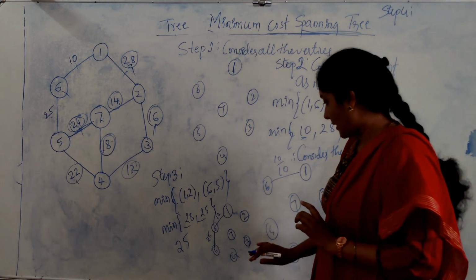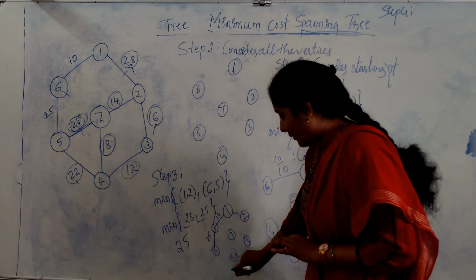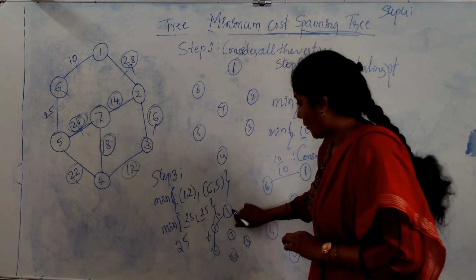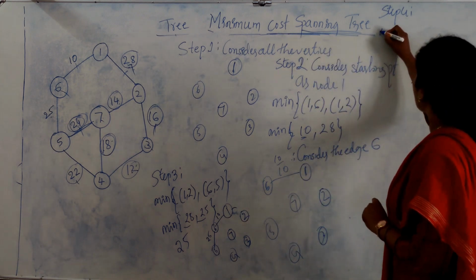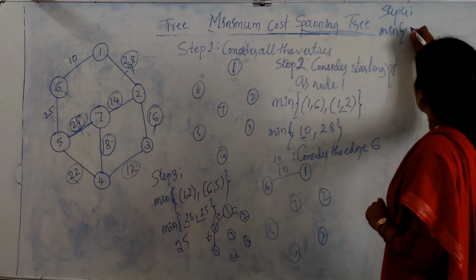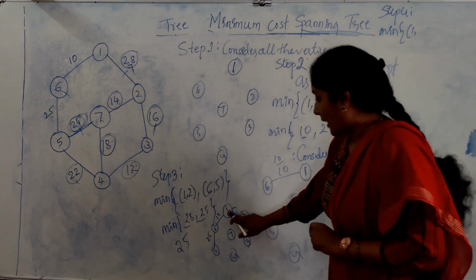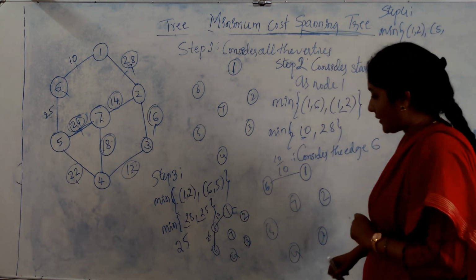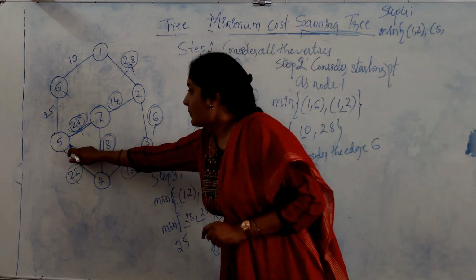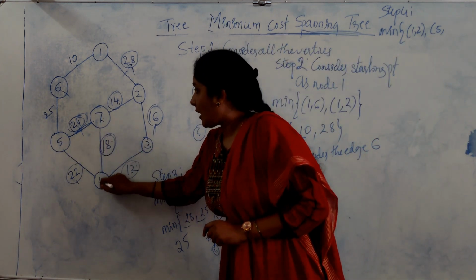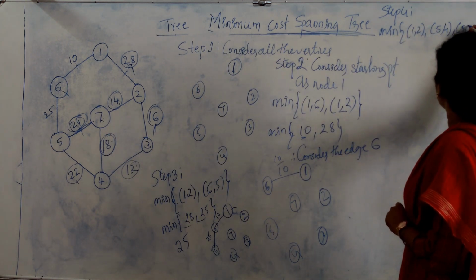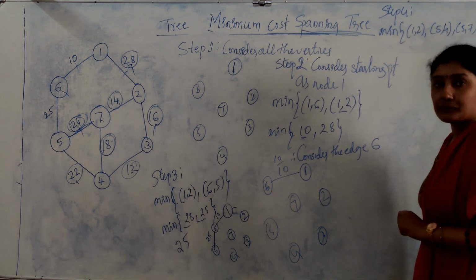So, in the step 4, we are having the edges 5 and 1. Okay, so again, minimum of 1 can be connected to 2 and this 5 can be connected to either 4 or 7. So, 5, 4 and 5, 7.